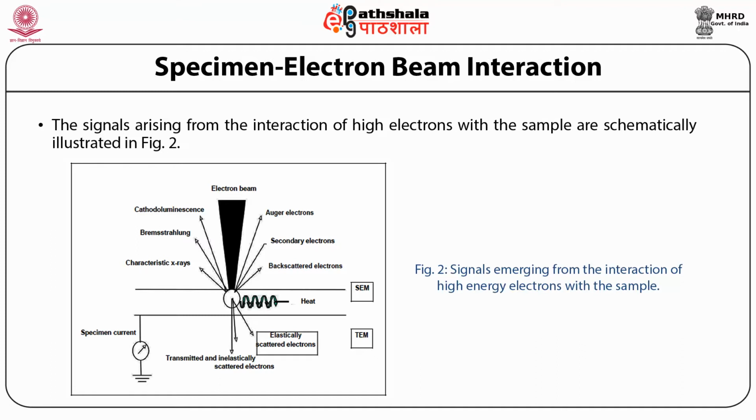It shows the electron beam is impinging on the sample and several signals are arising from it, such as cathodoluminescence, Bremsstrahlung, characteristic X-rays, Auger electrons, secondary electrons, and backscattered electrons, which are useful for SEM. Also, there can be elastically scattered electrons and transmitted and inelastically scattered electrons, which are useful for TEM.